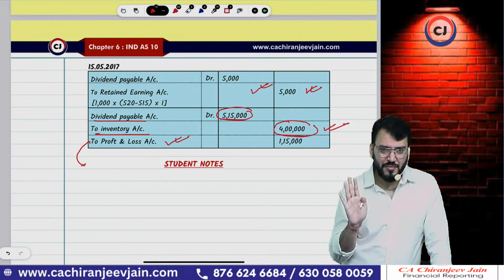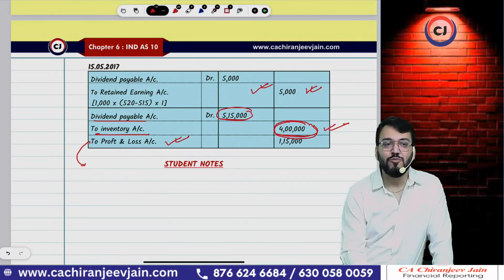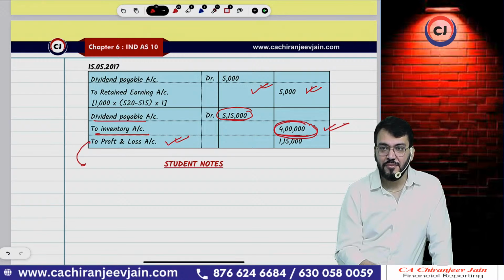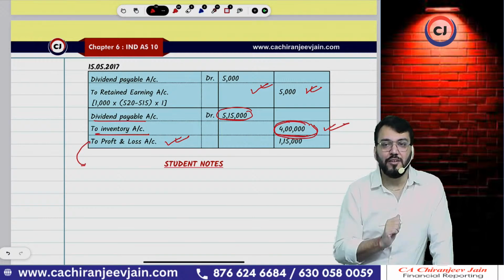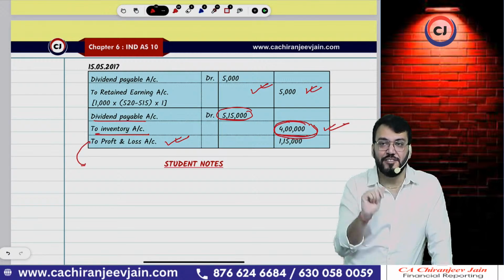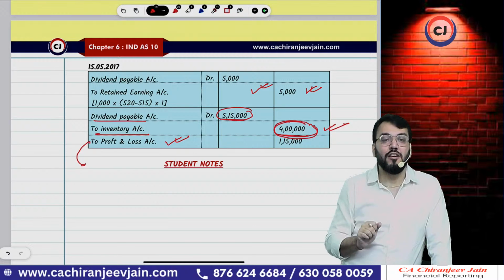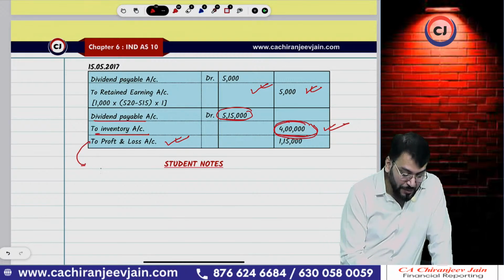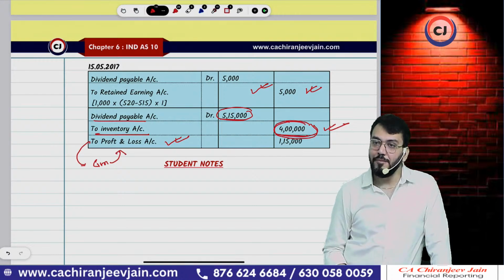You purchased inventory at 4 lakh and now the value is 5,15,000. It means this becomes a gain on distribution of asset, and that gain will be transferred to profit and loss account. Have you understood?